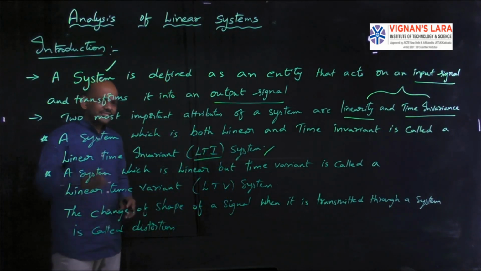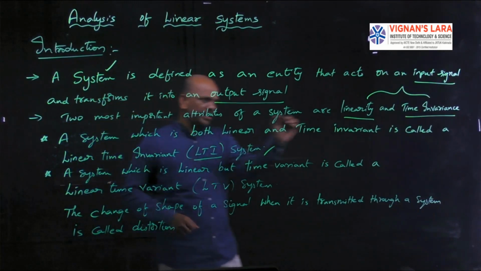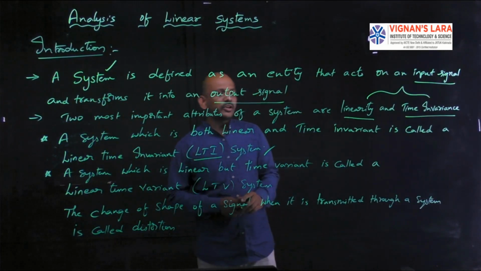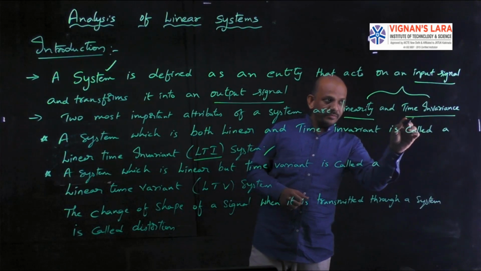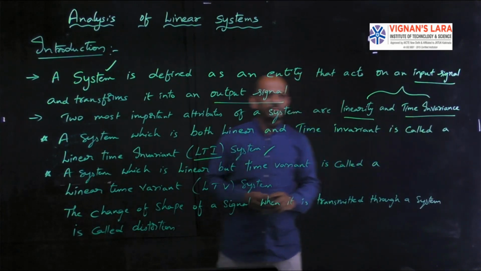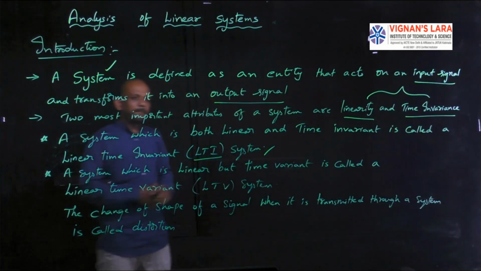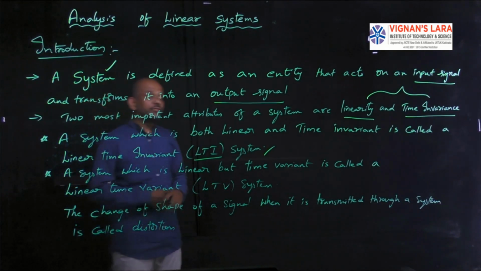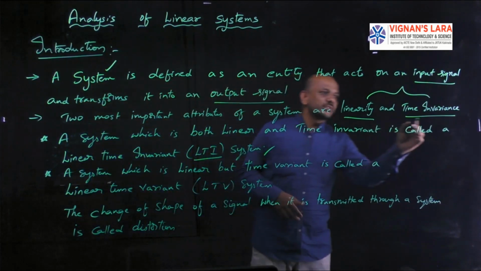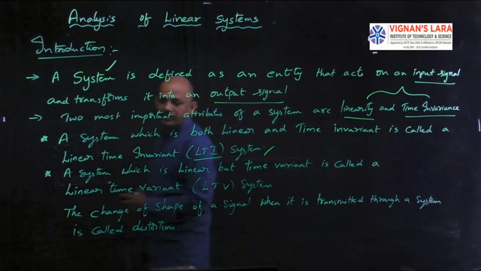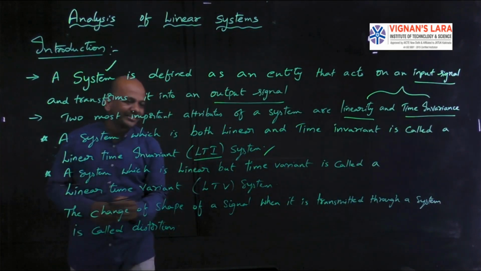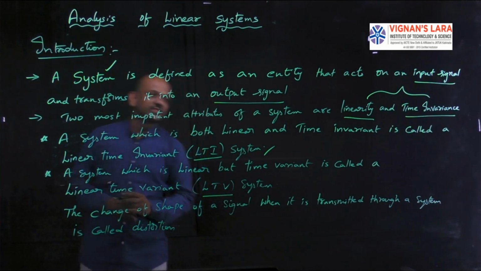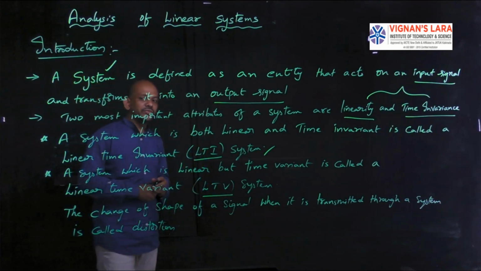And a system which is linear but time variant is called a linear time variant system. Simply we call it LTV system.